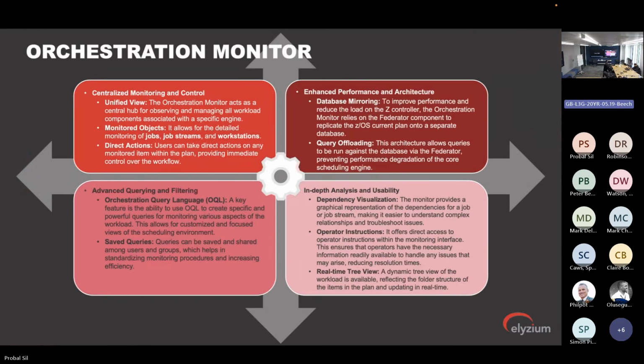Okay, I won't go through all of these things, why you should use the orchestration monitor rather than the older monitor. It's new technology. It works. The most important thing about this is where all of the development work's going into, all the new features that are coming.